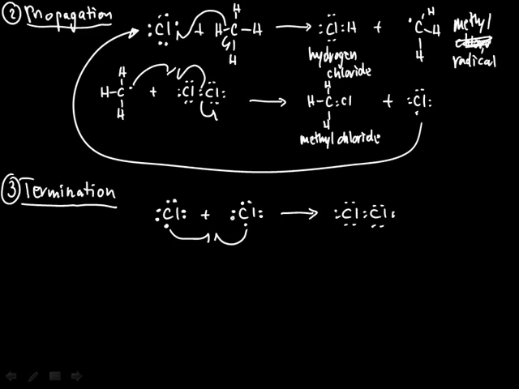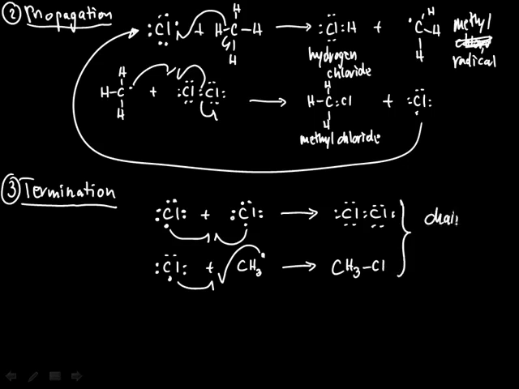And since we have at various stages in the reaction different species in solution, this can be a number of different pairs of radicals. So this can be a reaction of chlorine with methyl radical, or two chlorine radicals, or two methyl radicals for that matter. Okay? And so here, the chain reaction is broken.